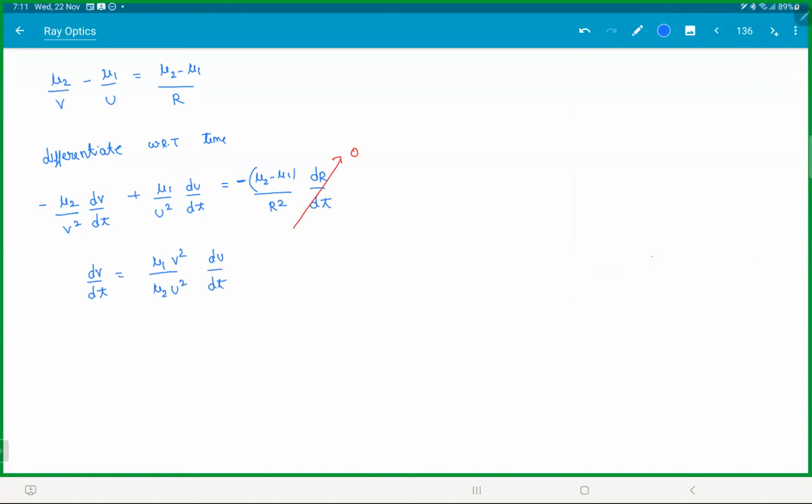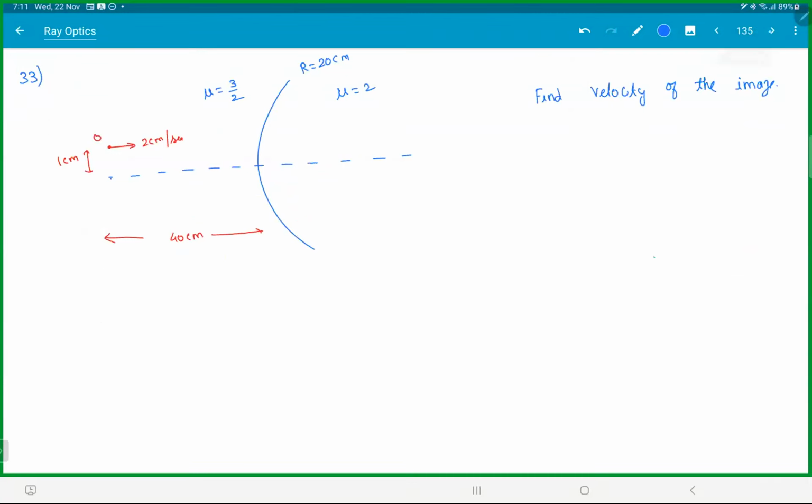This is your formula. This is the velocity of the image with respect to the pole, and du by dt is the velocity of the object with respect to the pole. That's your formula, everyone.